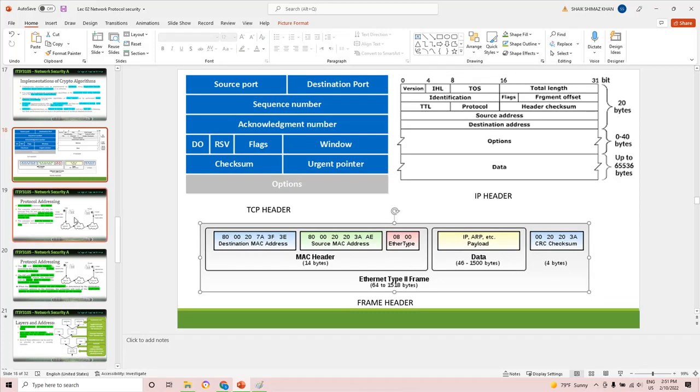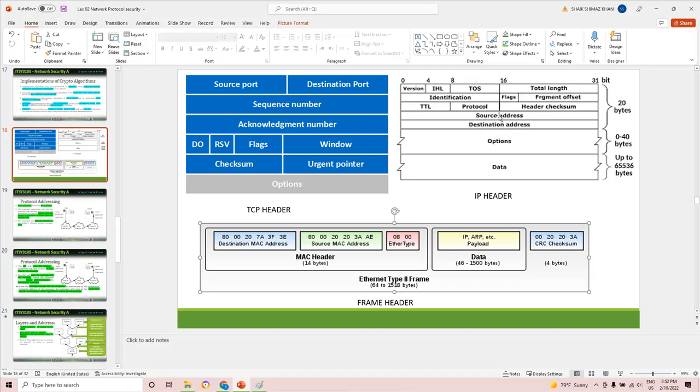Clear? So here you can see in the IP header there are many fields which we are going to discuss. The important two fields are source address and destination address. Based on that only, the routers in the network know where to forward the packet whenever they receive any packet. Where exactly it has to be forwarded is decided using this source and destination IP address.